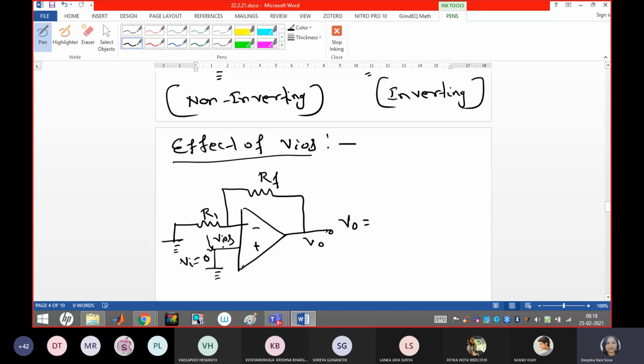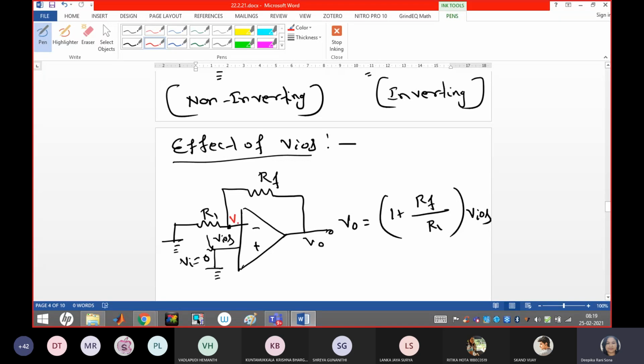Normally, if VIOS is the input here, this belongs to non-inverting configuration. So this can be written as 1 plus RF by R1 into Vin, but this Vin is VIOS. Okay. So here, suppose this is V2 terminal.